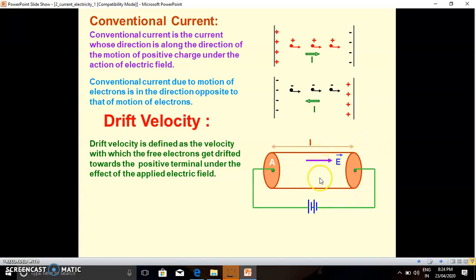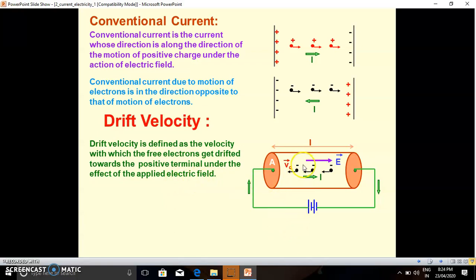This much amount of force is going to be applied on these electrons, and due to this force electrons suddenly start moving from the negative terminal to the positive terminal, and this constant velocity attained by the electrons against the direction of the applied electric field is called drift velocity. Again I'll repeat, drift velocity is defined as the velocity with which the free electrons get drifted towards the positive terminal under the effect of the applied electric field.